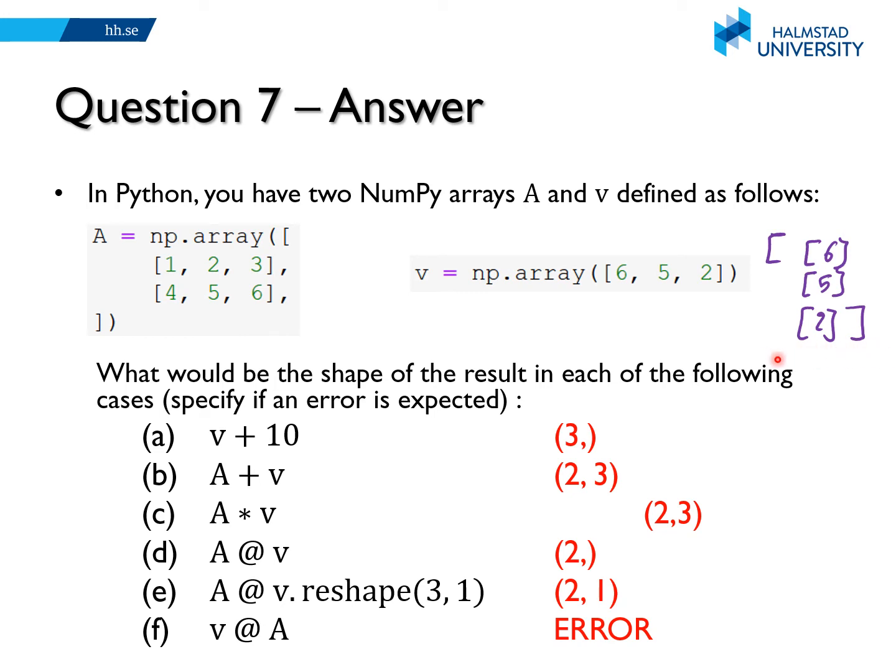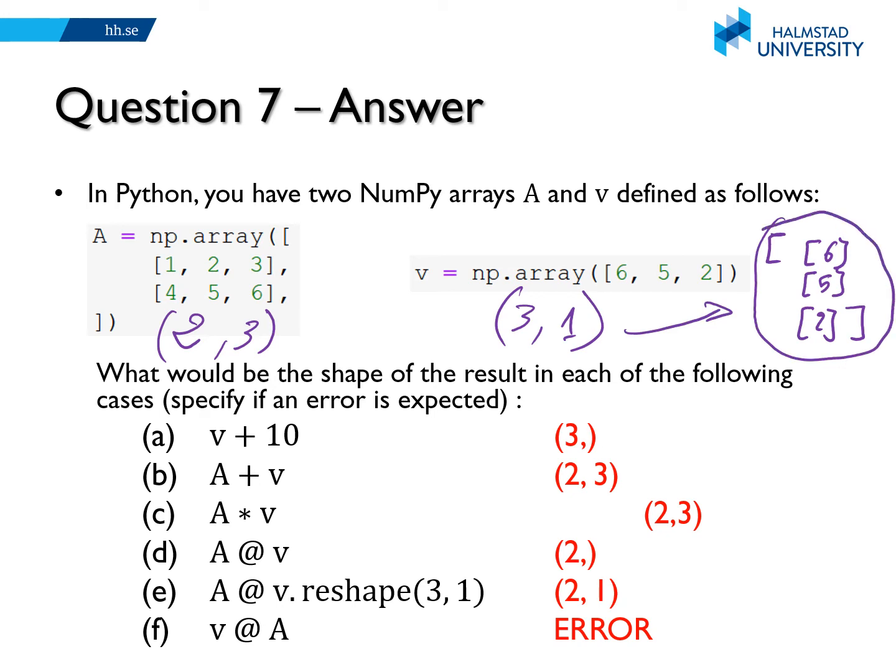So that's a 3 by 1 array, right? So now it can be multiplied with A because A is a 2 by 3 array. So you multiply a 2 by 3 array with a 3 by 1 array corresponding to this one. And so this will result in an array which has shape 2, 1, right?